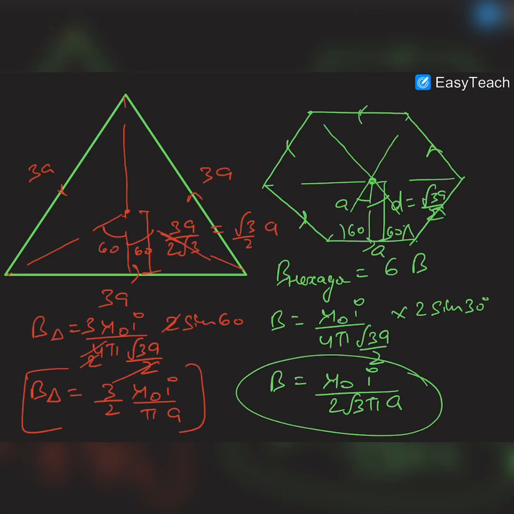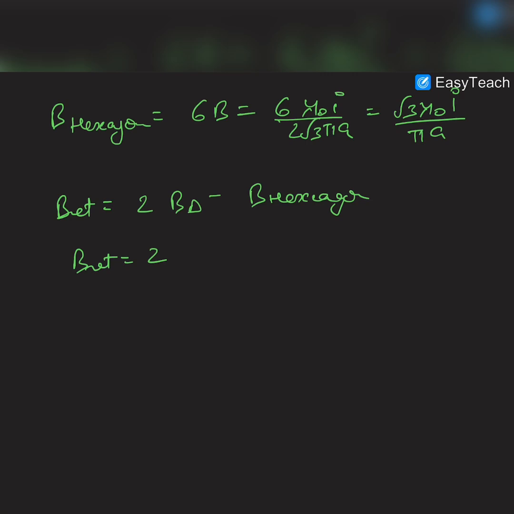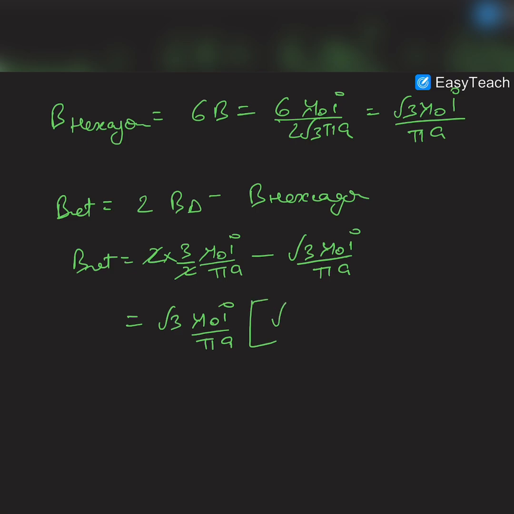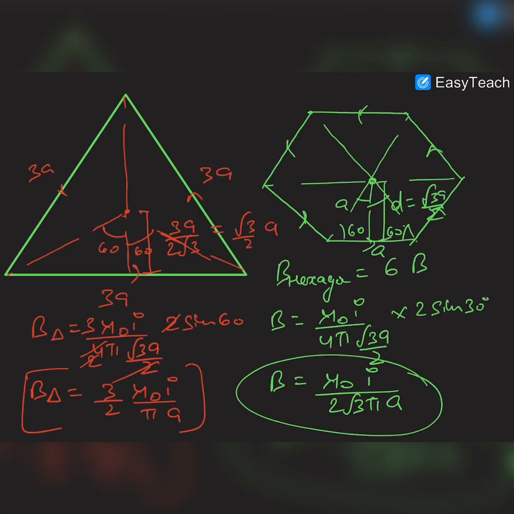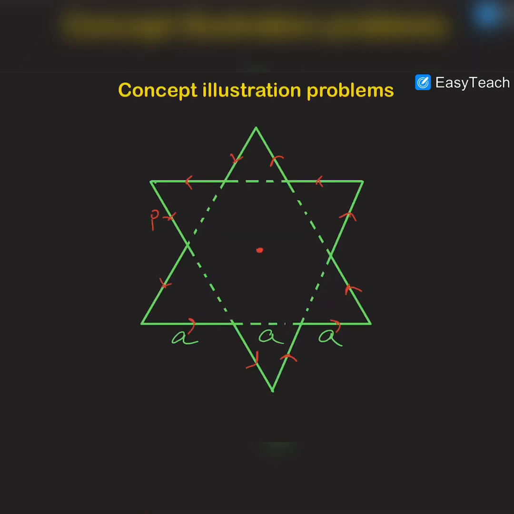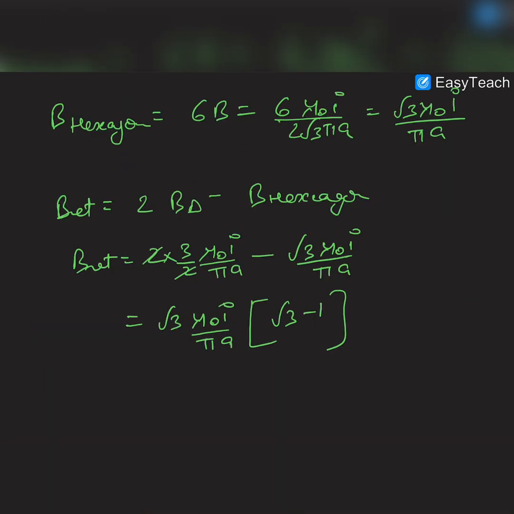B triangle was 3 by 2 mu naught I by pi A. So it is 3 by 2 mu naught I by pi A minus B of hexagon, which is root 3 mu naught I by pi A. So this will be equal to root 3 mu naught I by pi A times root 3 minus 1. The direction will be outside the plane, because the current is flowing in an anticlockwise sense. So this will be the net magnetic field.